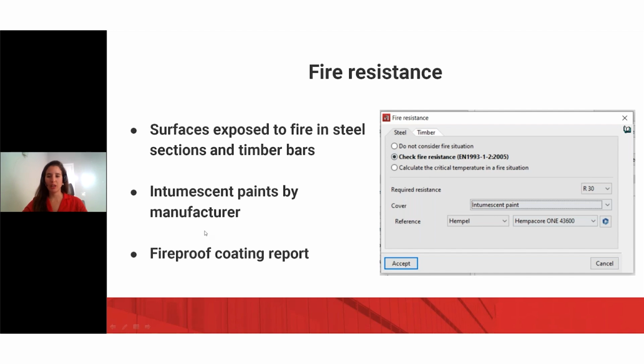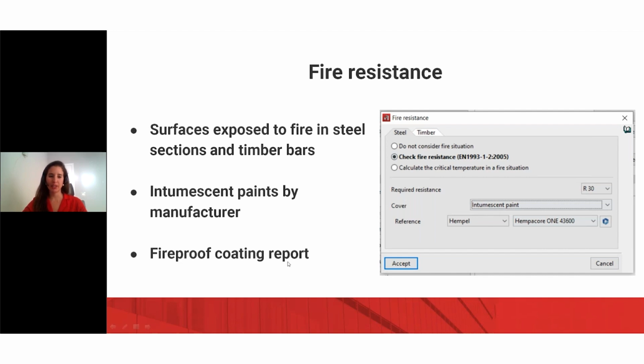Also new in the past few versions were the intumescent paints by manufacturer. We have implemented the catalogs from manufacturers' paints, so you can automatically get in a report the exact coating that you will have to apply to the bars.